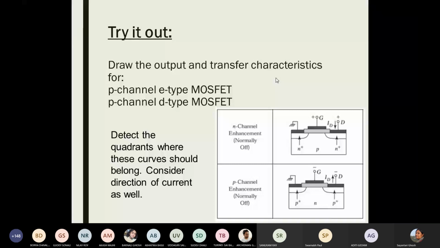That is the most fundamental part of understanding how these devices function, because until and unless we discuss only N channel type MOSFET, the current flow direction will be same, right? So current flows always from drain to source because the carriers flow from source to drain.